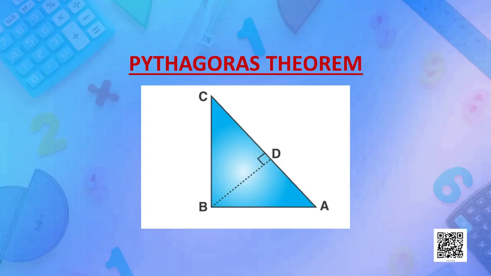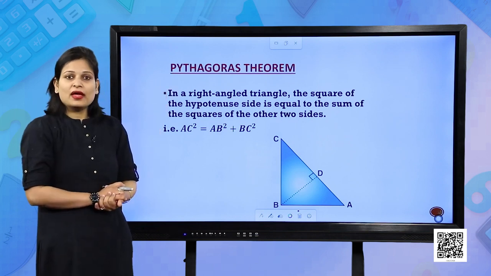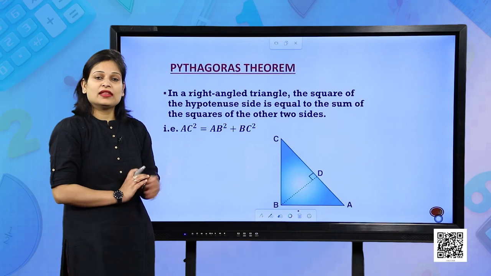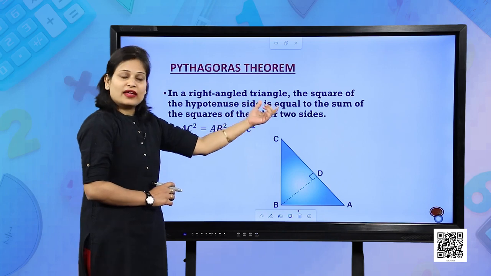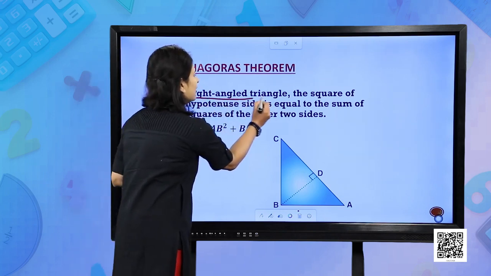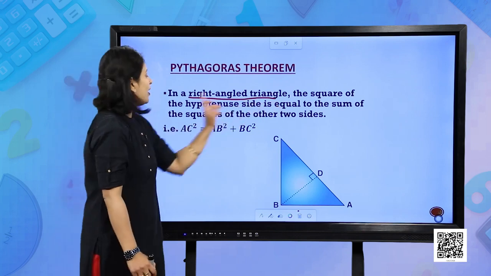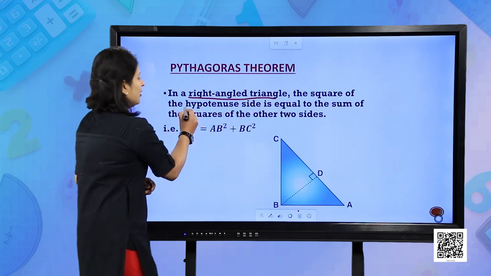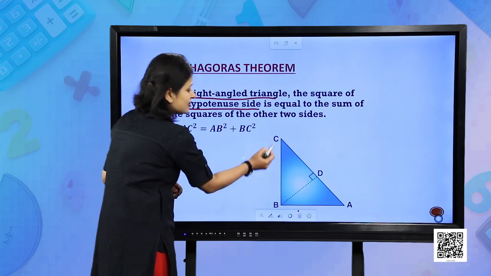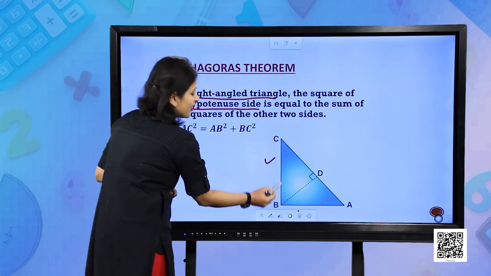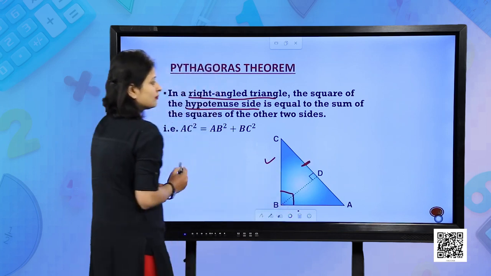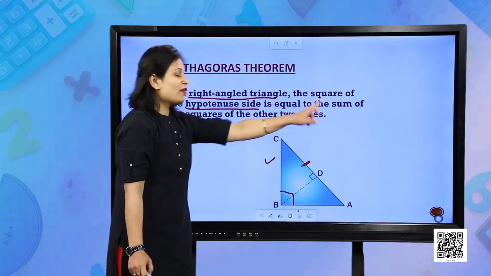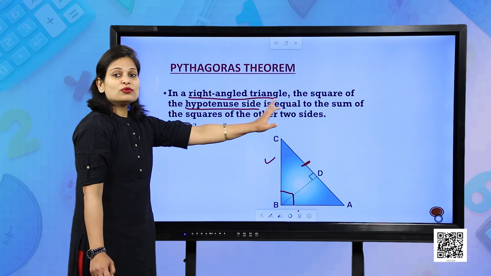Now, I will touch upon the Pythagoras theorem. This is a very important theorem, and we will be using this theorem in this chapter for solving questions. Now, in a right angle triangle, the square of the hypotenuse is equal to the sum of the squares of the other two sides.